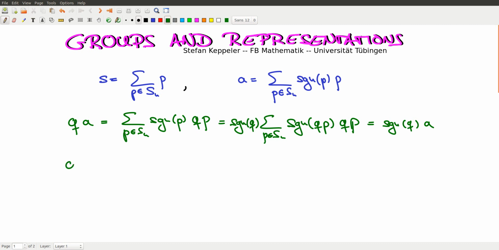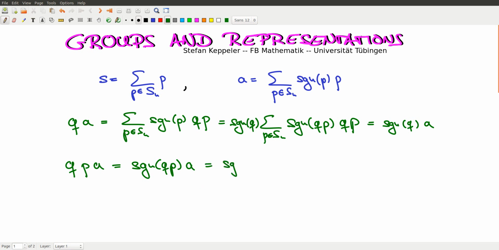And as before, we look at Q times PA. So PA is in the left ideal generated by A, and then we multiply with Q from the left. Then we get the sign of QP times A by our calculation in the line above.